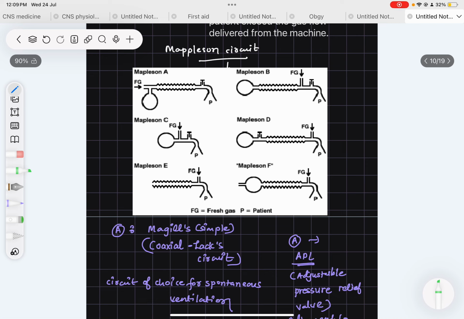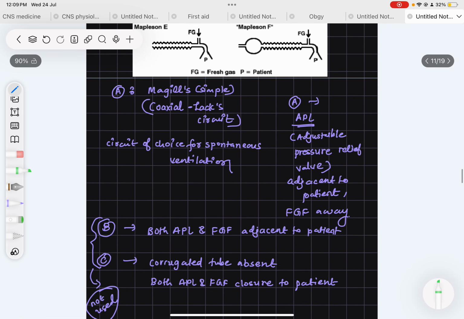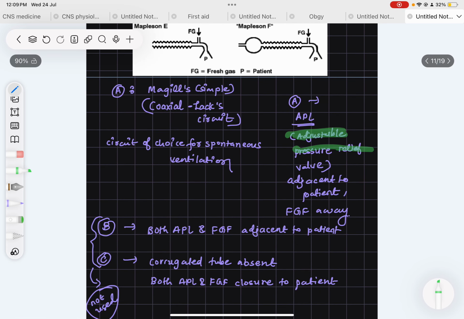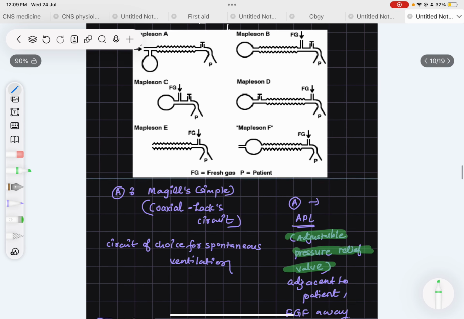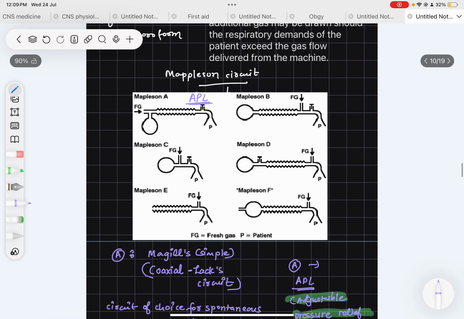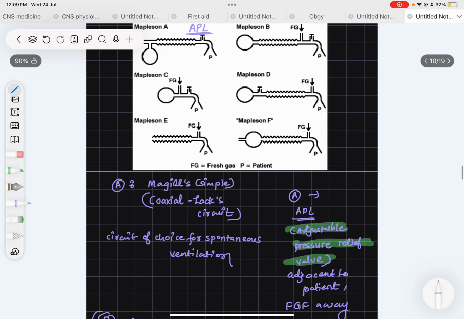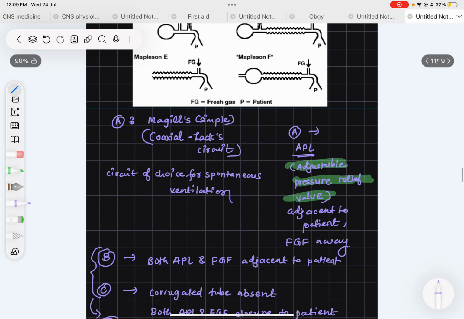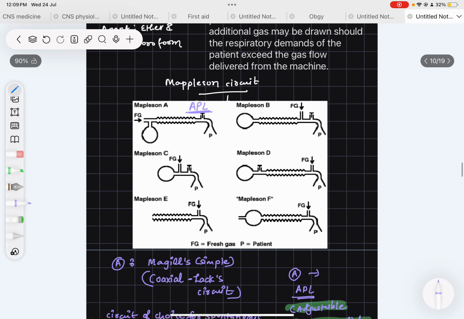So let's see. In the Mapleson circuit there are two things. This APL means adjustable pressure relief valve, and fresh gas flow means FGF.